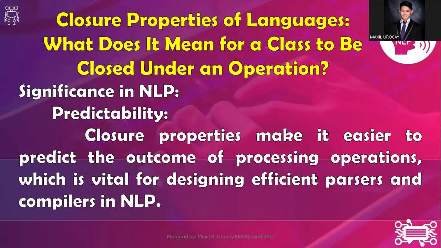So, regarding predictability, closure properties make it easier to predict the outcome of processing operations, as it ensures that the result remains within the same language class. This predictability is vital for designing efficient parsers and compilers, as it will help in processing language structures consistently and accurately.